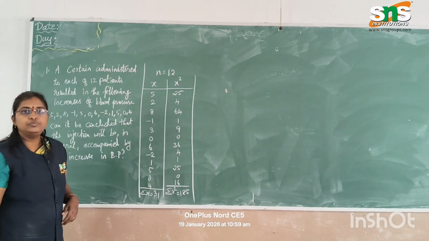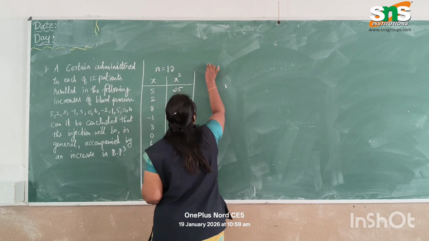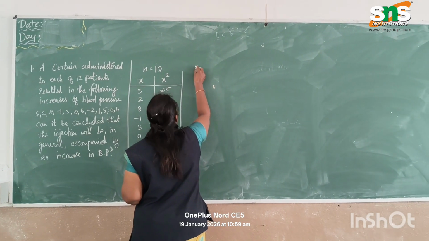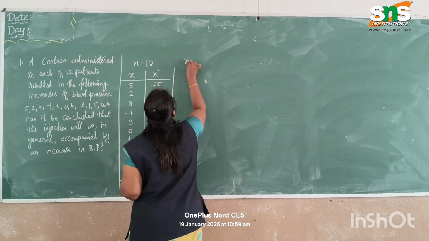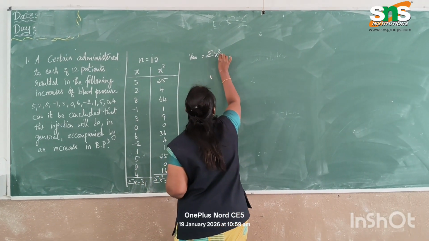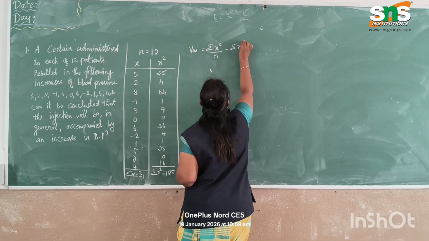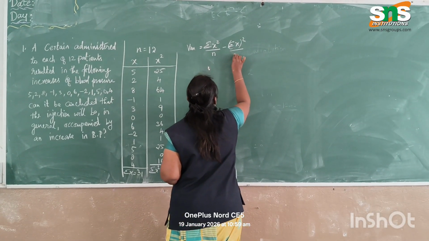Using these two values, we can find the variance. Variance is equal to summation x square divided by n, minus summation x, the whole square, divided by n.